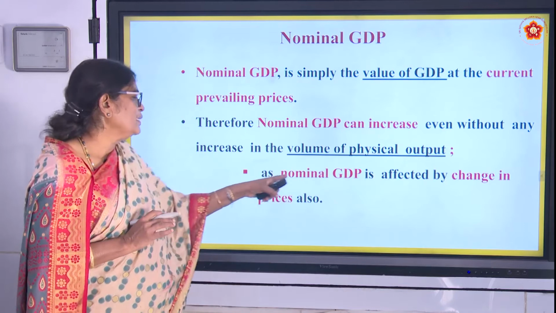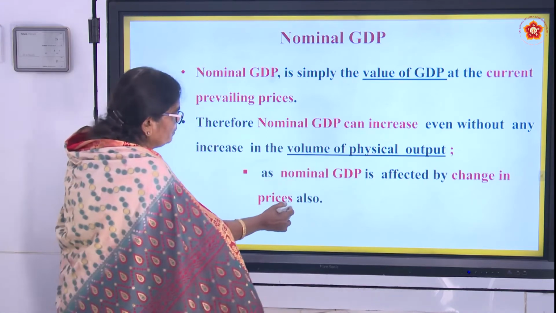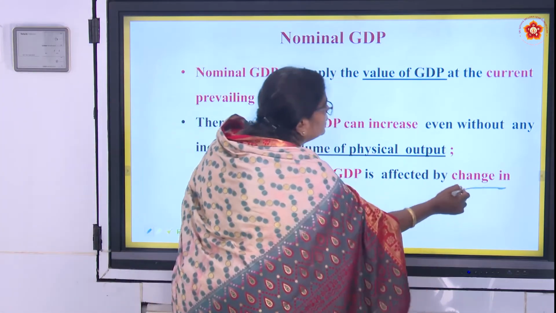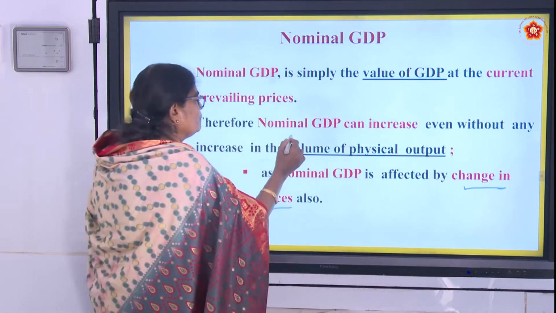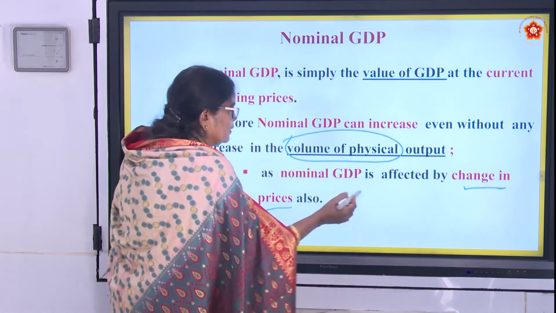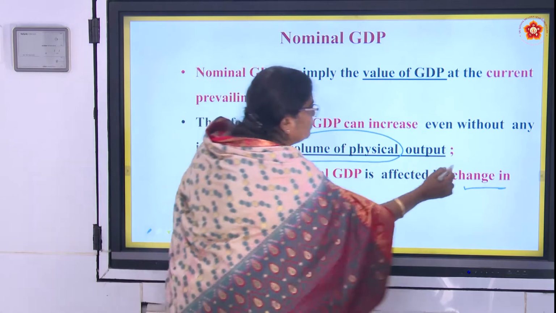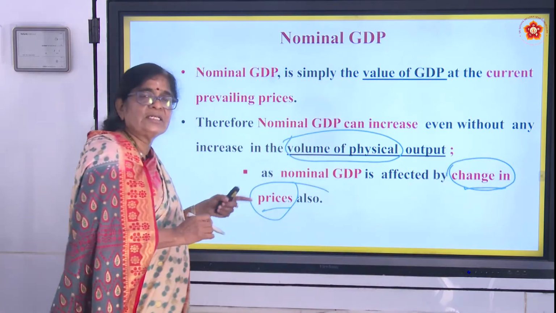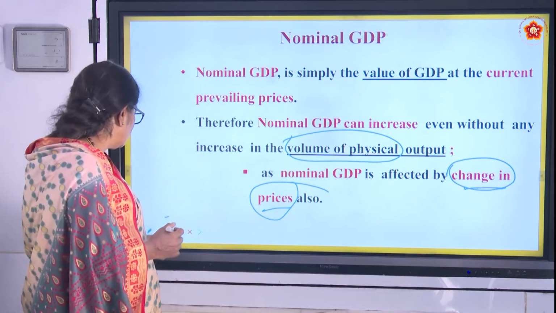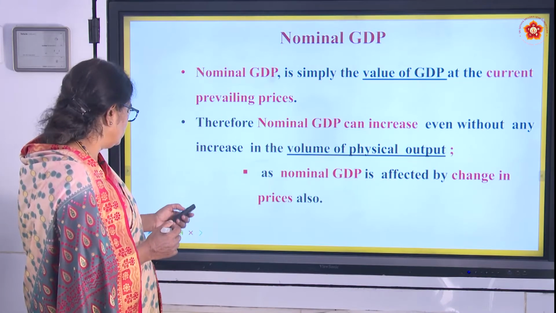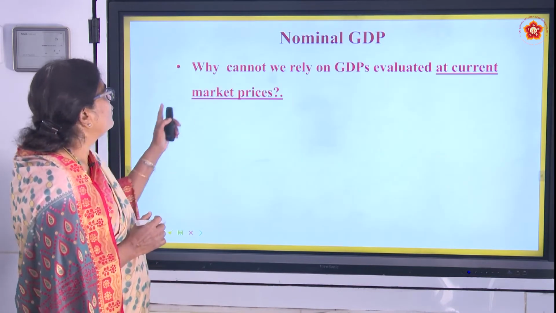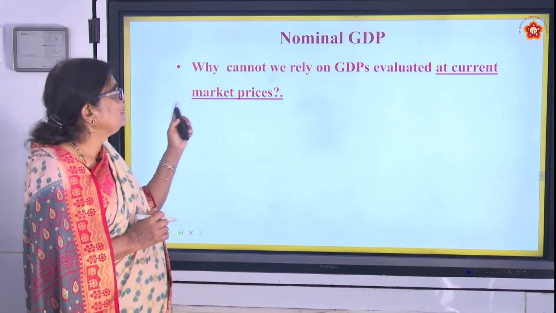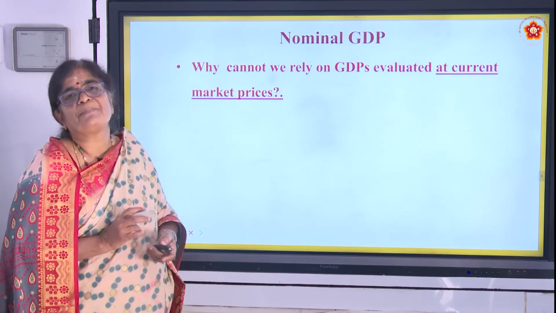And as nominal GDP is affected by change in prices also, nominal GDP not only depends on the volume of physical product, but also on change in prices, because we say current price of market, it is calculated, it's called nominal GDP. Then why can we not rely on GDPs evaluated at current market prices?